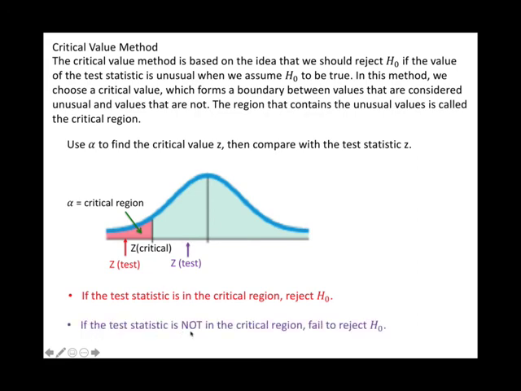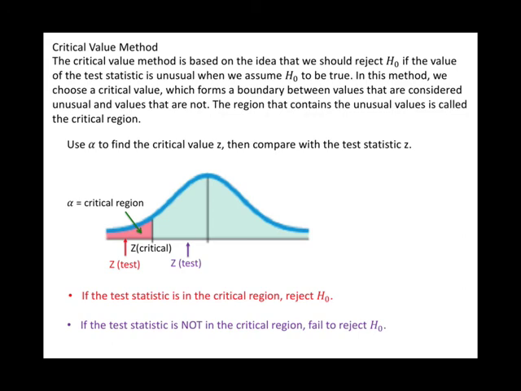If the test statistic is not in the critical region, the critical region is here, so if we're located here, this is not in the critical region, and we fail to reject H naught. Again, the p-value method and the critical value method should get the same conclusion, the same answer. They just work in a different direction. But you need to know both methods, okay? The p-value method and also the critical value method.